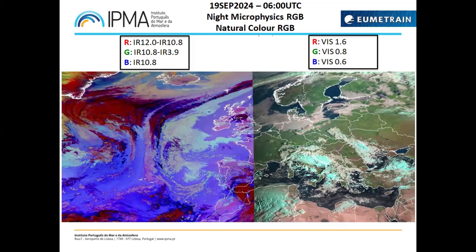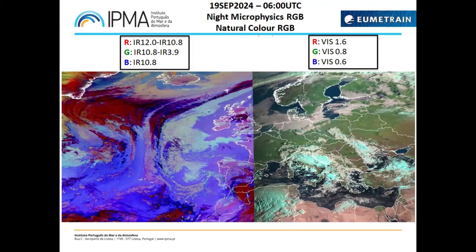We can also see some low level clouds or fog in Norway, and it seems to be in the valleys. So lots of areas with low level clouds or very low level clouds, and of course some fog.